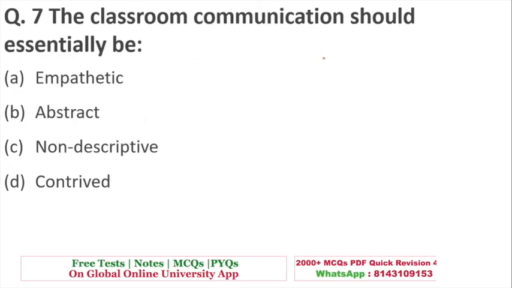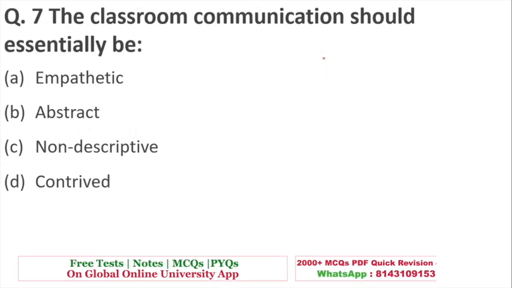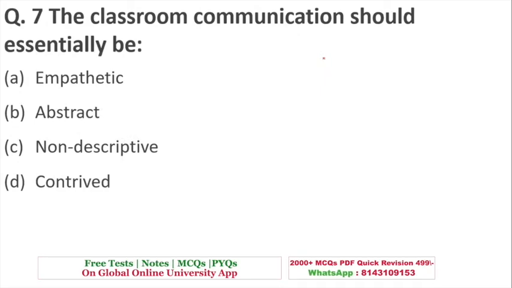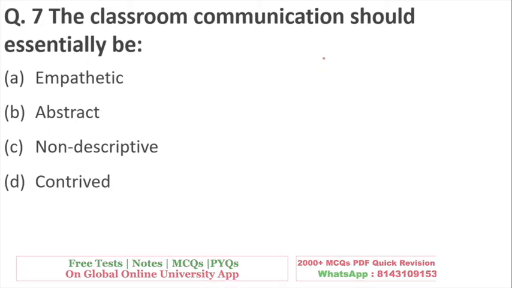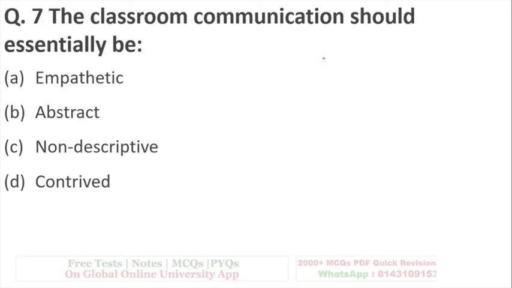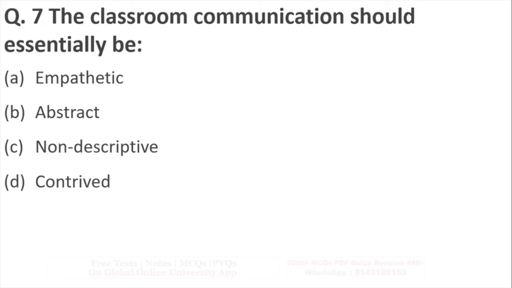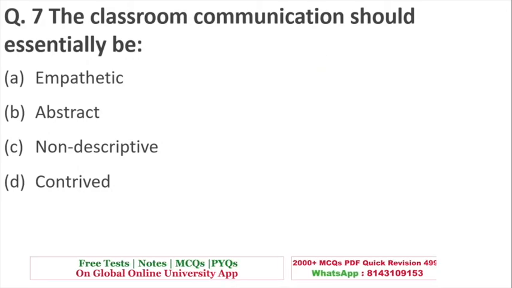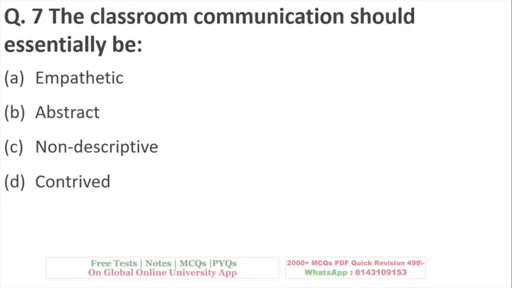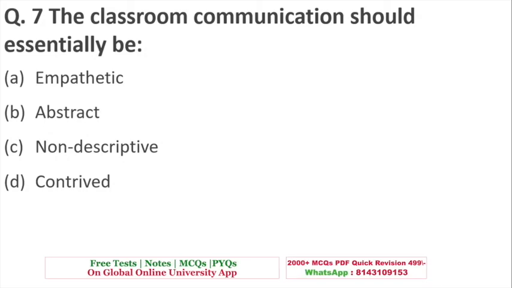Classroom communication should essentially be empathetic, abstract, non descriptive, or concrete. Proximal is nothing but an area near you. So when teacher and student are interacting, that area is the zone of development.